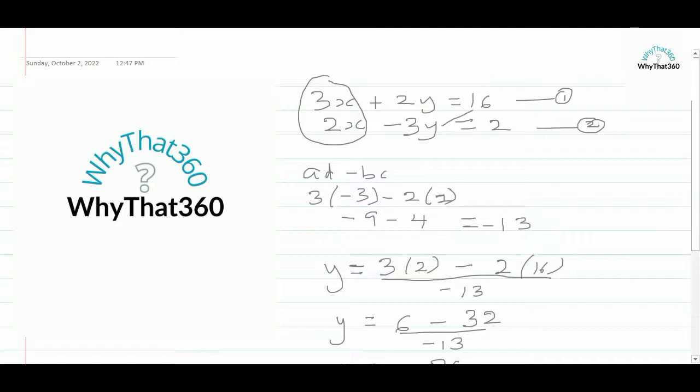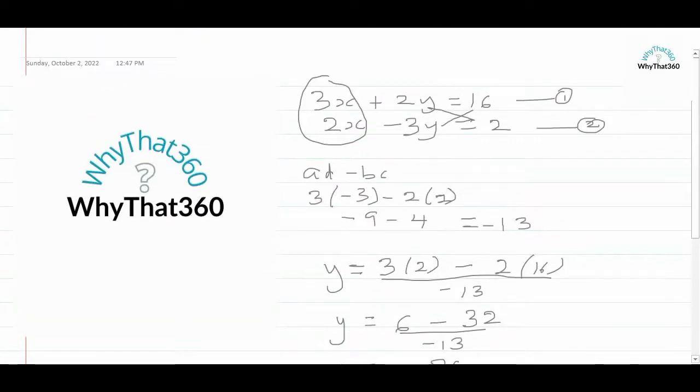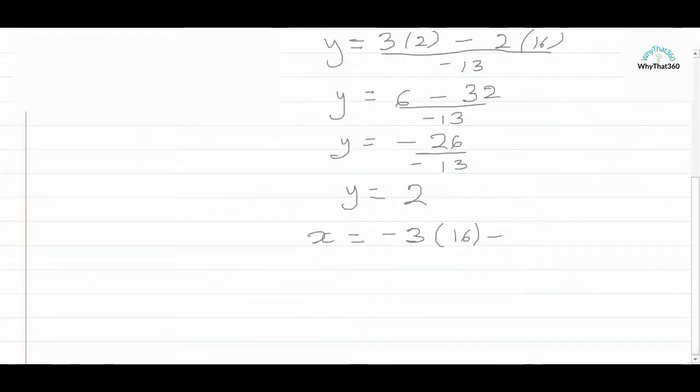That multiplies the 16, and this 2 multiplies the 2. So x is equal to negative 3 multiplied by positive 16 minus 2 times 2, all of this divided by the determinant, which was negative 13.